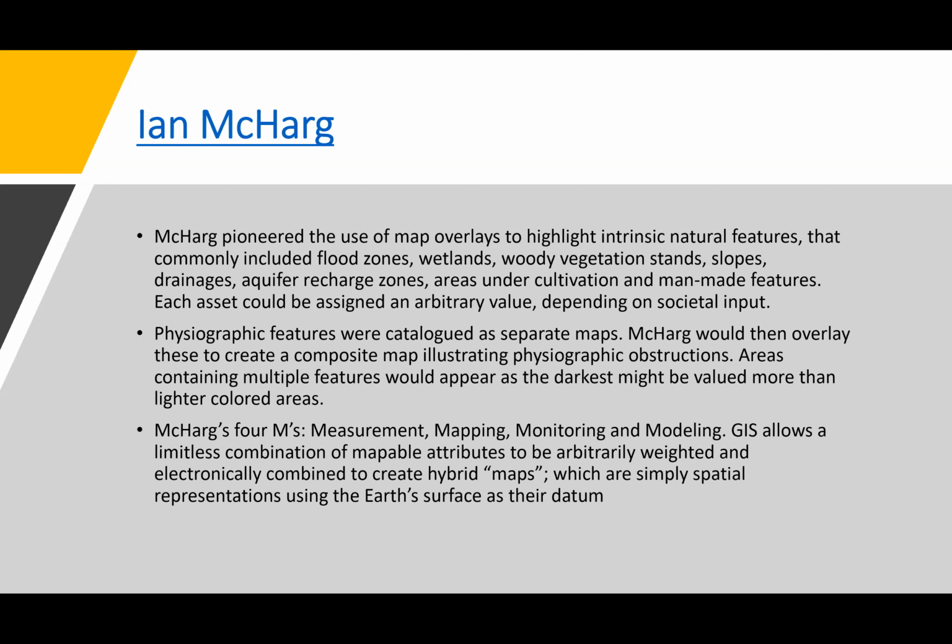The combination of mappable attributes to be arbitrarily weighted, meaning you come up with what that weighting system is. You're not following any particular prescription. And electronically combined to create hybrid maps, which are simply spatial representation using the Earth's surface as their datum, and human input as to how do you value those things.